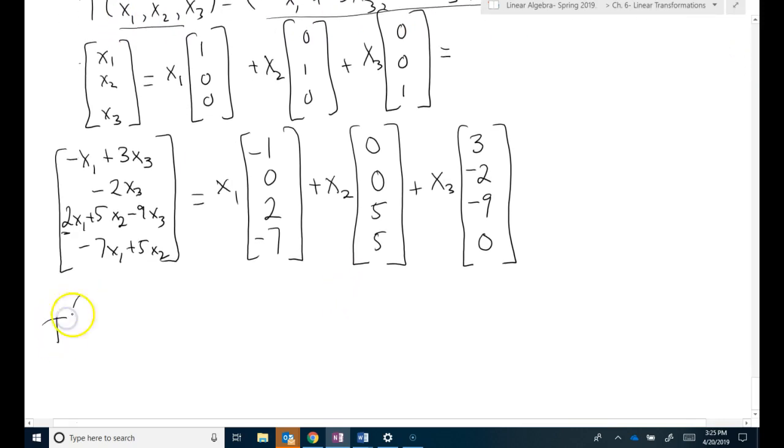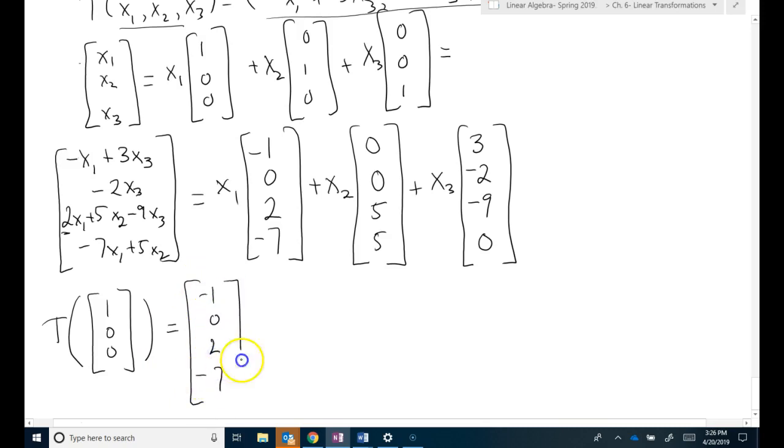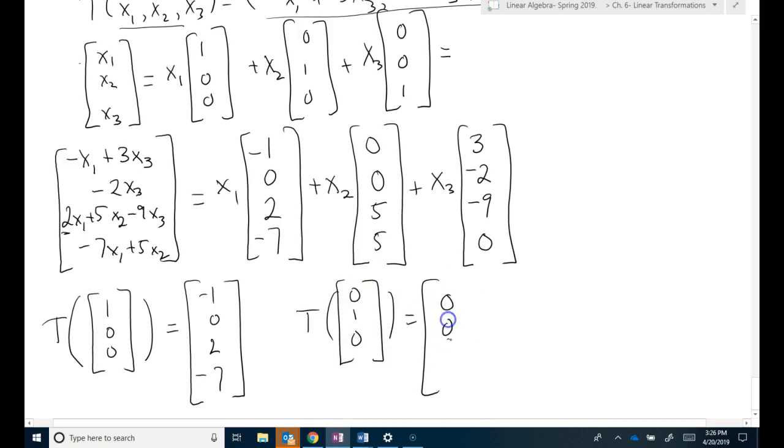So T of my standard basis vector 1, 0, 0 will equal negative 1, 0, 2, negative 7. T of 0, 1, 0, that's my x2 term, will equal 0, 0, 5, 5.